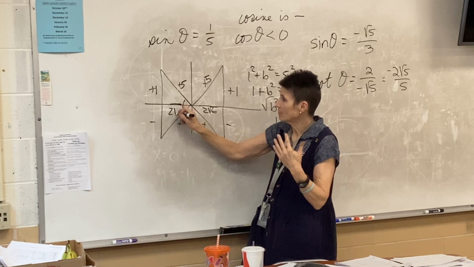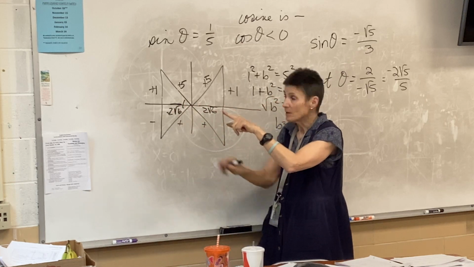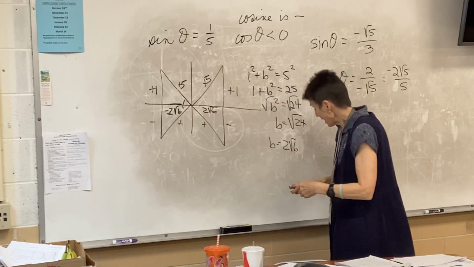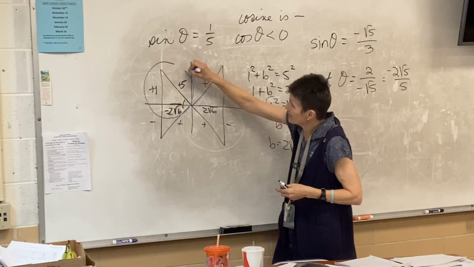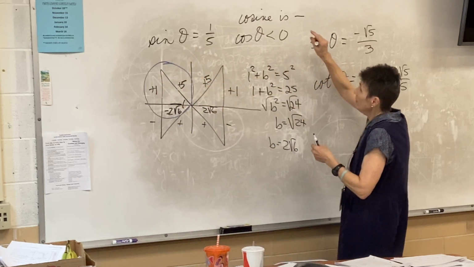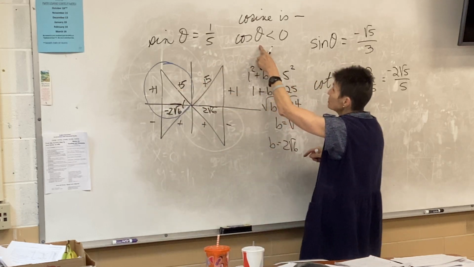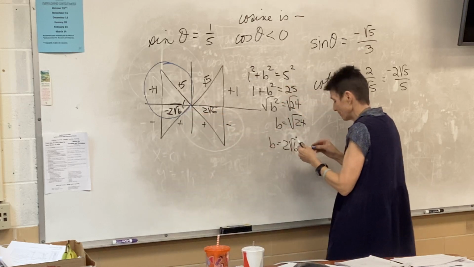So this side would be 2√6. But left is negative, so now it's negative 2√6. That's your triangle, folks. That is the triangle right there where sine is 1/5 and cosine is negative. Adjacent over hypotenuse will be negative.